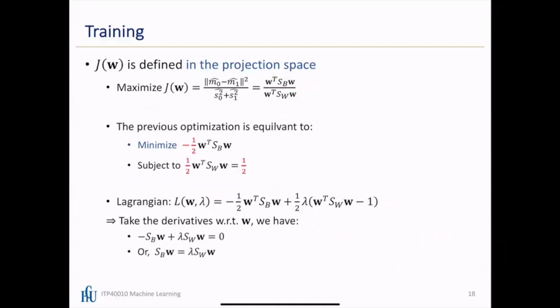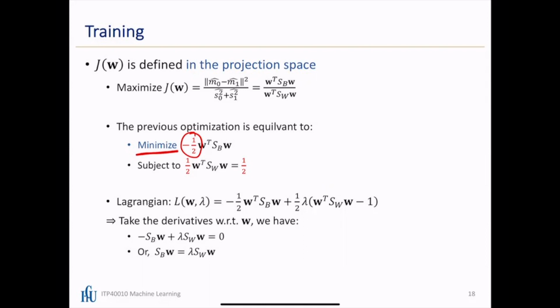And to make the problem easier, we can adjust the problem one more time. Instead of maximizing the previous problem, let's put minus 1/2 and put the negation in front of it. So instead of maximization, we can minimize the function to achieve the same goal.